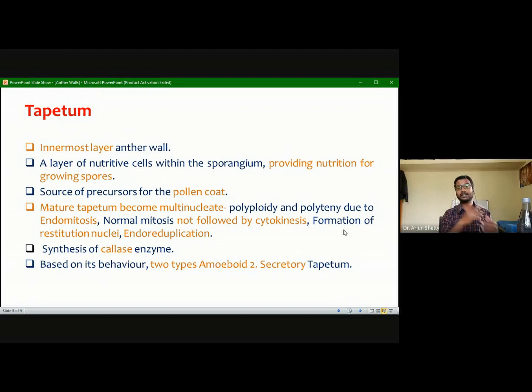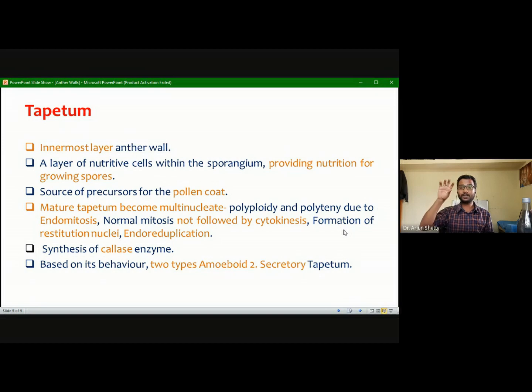The next one is the synthesis of the callase enzyme. Let me tell you that this is one of the most important enzymes released by the tapetum. This enzyme breaks down the callose molecule, which holds the four pollen grains together in the tetrad form.